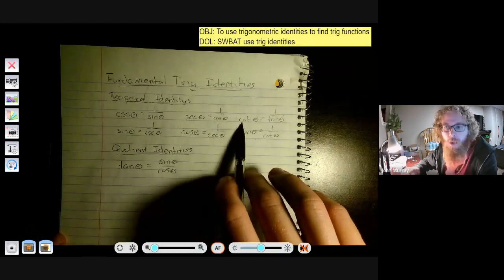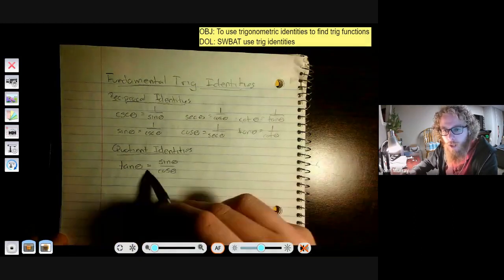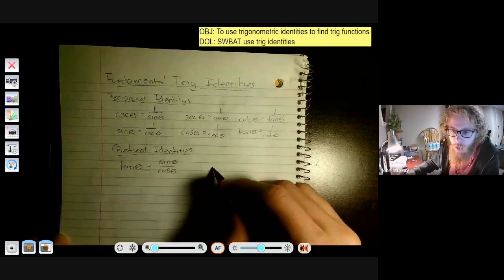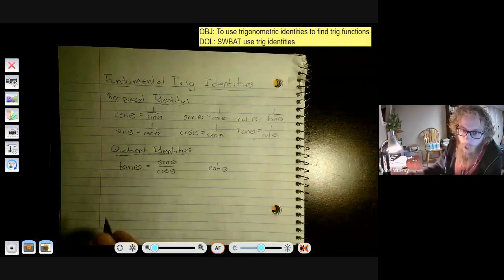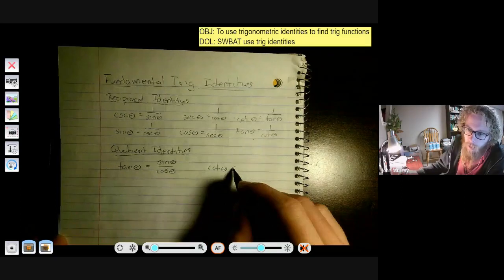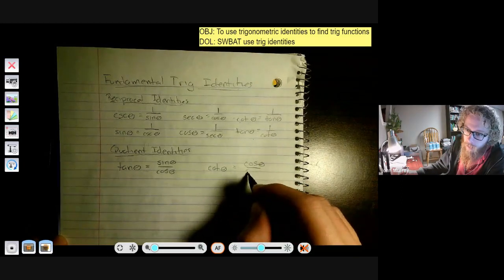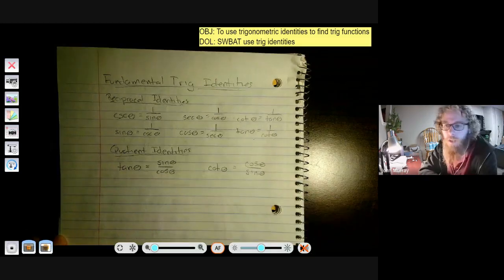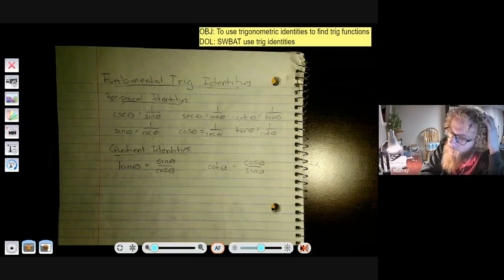So I know that cotangent is the reciprocal of tangent. So if I wanted to write cotangent as a quotient identity, I would flip that, and I would have that the cotangent is equal to cosine over sine.